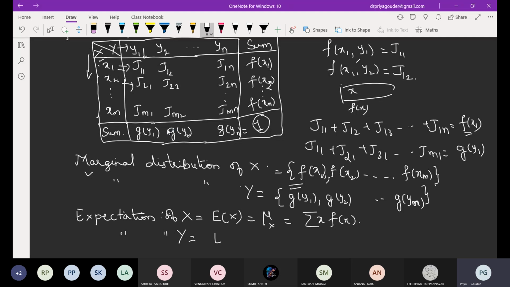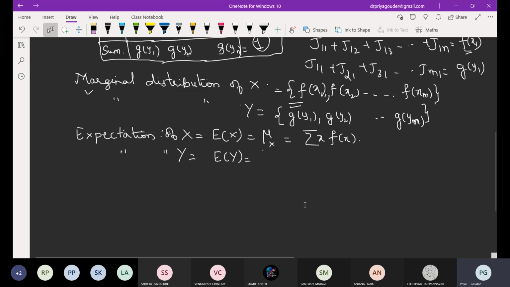Expectation of y, E of y equal to, please try to answer this. Expectation of x, similar way, expectation of y is given by mu y. What does it have to be given by?